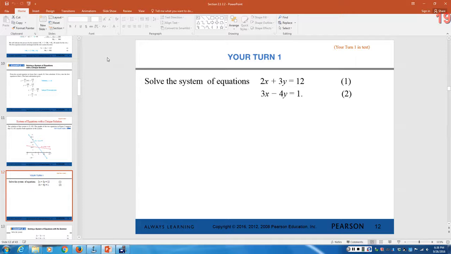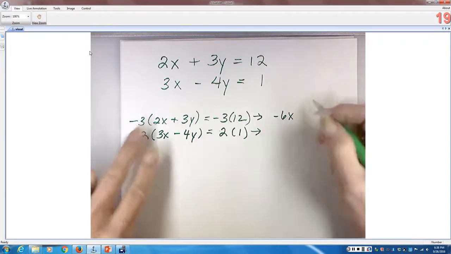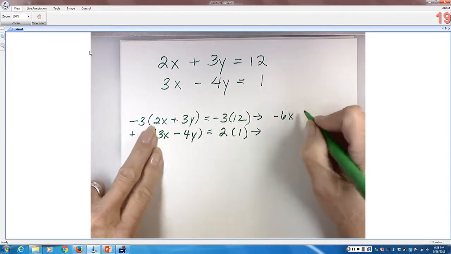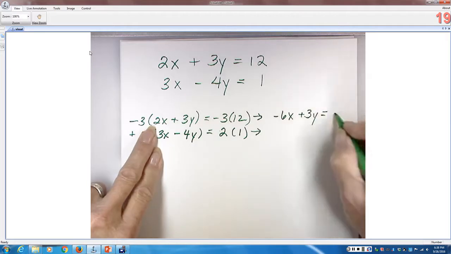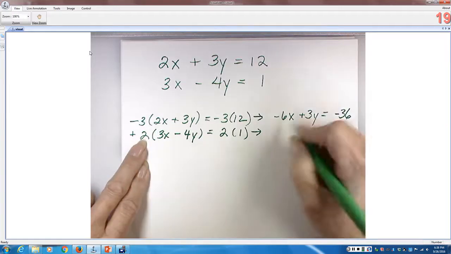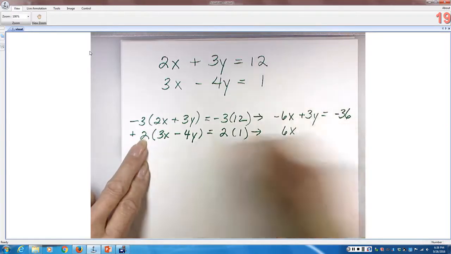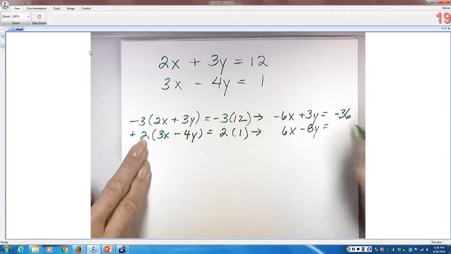And this plays out to these two equations. -3 times 2 is -6x. Oh, I guess that would help. I'm glad y'all are patient. -6x plus 3y equals -36. 2 times 3x is 6x. 2 times -4 is -8y. And 2 times 1 is 2.